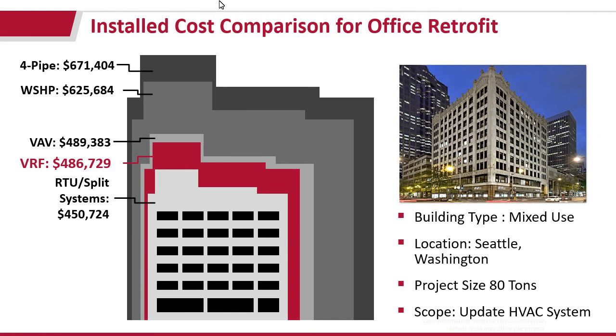So you actually come in midway and it's only, I think, like 40,000 maybe, or even less. Anyways, you get a lot of cost savings with the benefits of being able to control your zones individually. So something to look at.